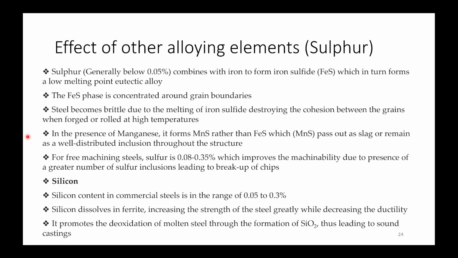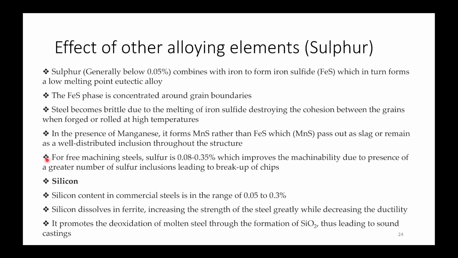In the presence of manganese, it forms manganese sulfide rather than iron sulfide, which passes out as slag, or it remains a well distributed inclusion throughout the structure.